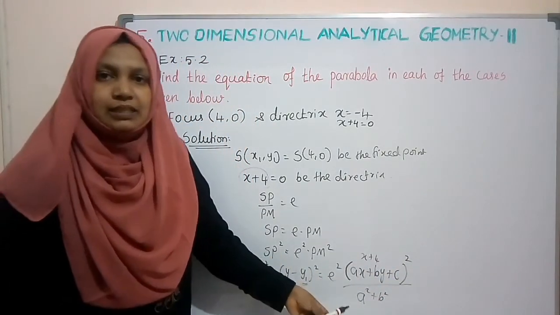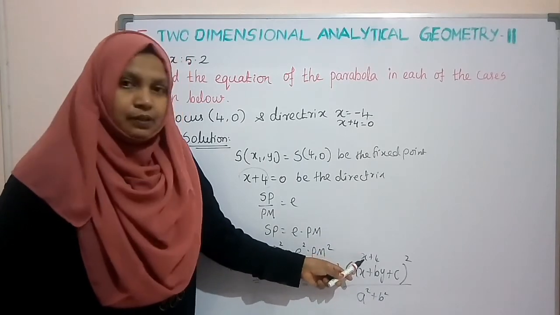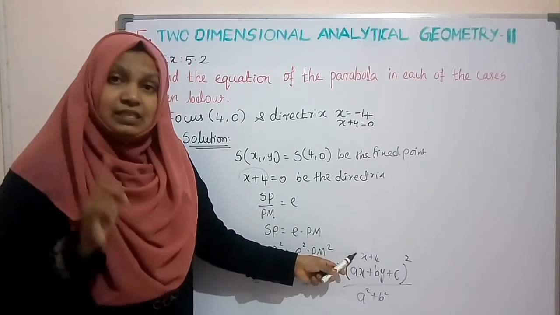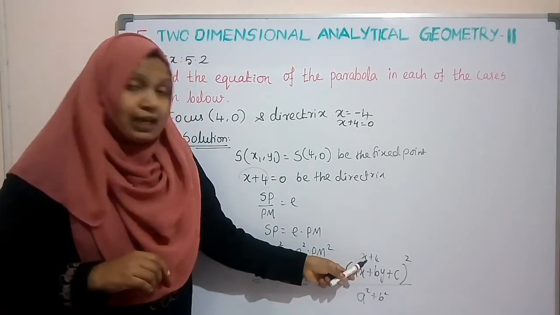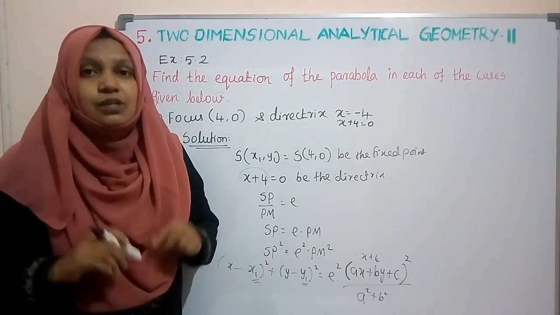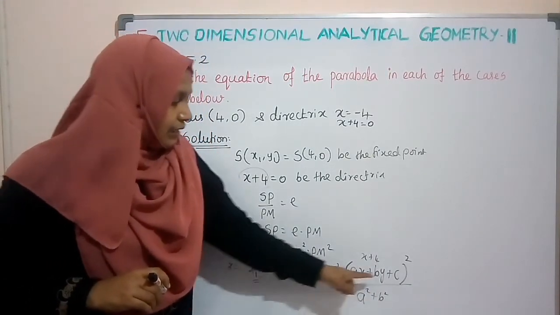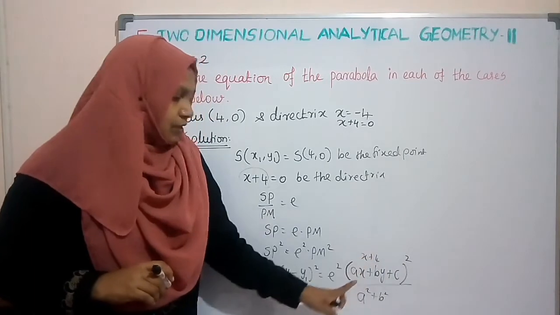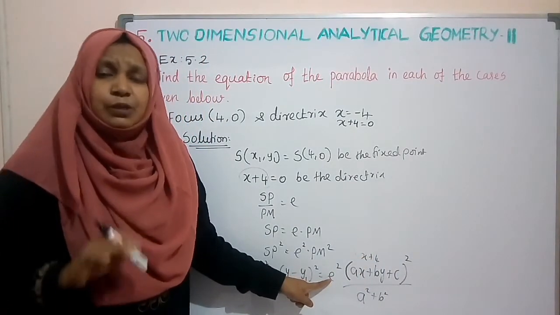And a and b: a is the coefficient of x. So here in our answer, coefficient of x is 1. And b is the coefficient of y. In our answer, there is no y term. So we can write b square as 0 square. And c is 4 here. And e value, in parabola, e value is always 1.